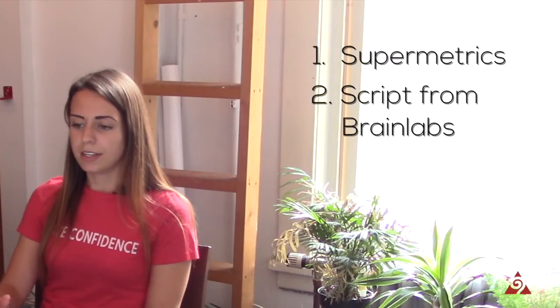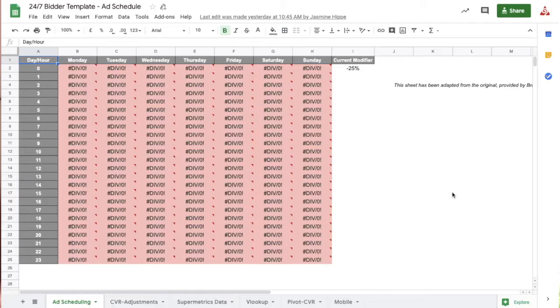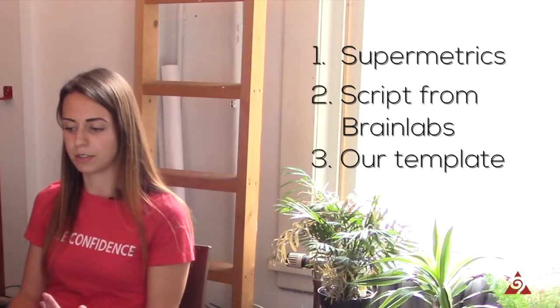Without the script, Google only allows you to set 6 different ad schedule blocks or bid adjustments on your schedule. And the third thing that you're going to need is the template that we are providing here. It's called the 24/7 bidder template, and this is going to make it super easy for you to set it up. Once you have these 3 things, set up your Supermetrics query, customize it to your client's needs.